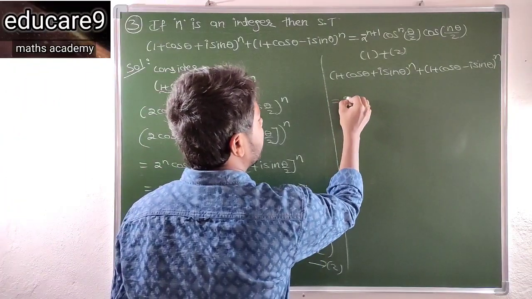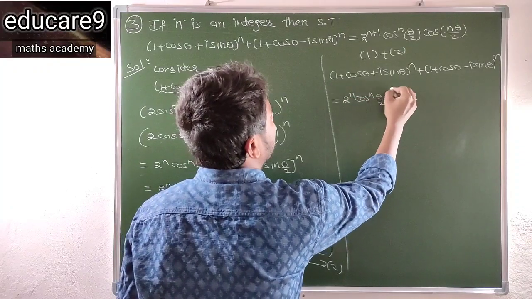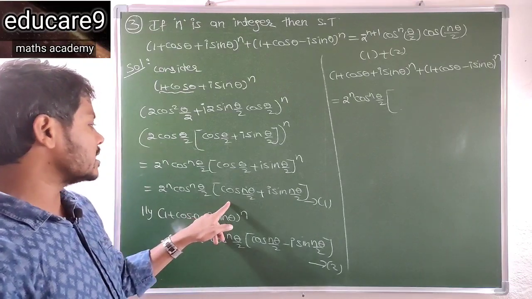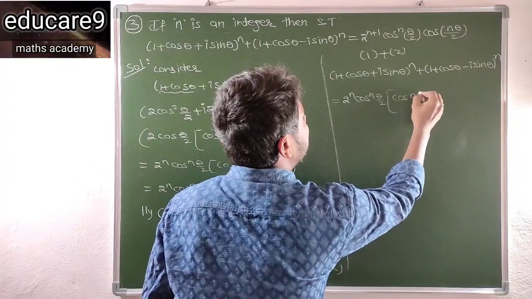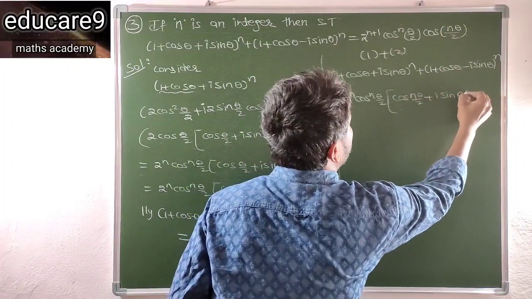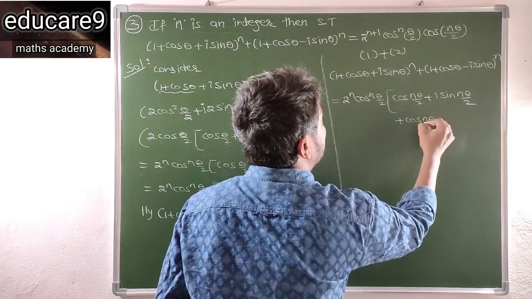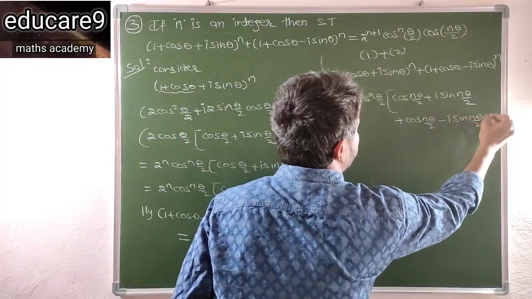So in both terms 2 power n cos power n theta by 2 is common. So what you get? See here, cos n theta by 2 plus i sin n theta by 2 plus cos n theta by 2 minus i sin n theta by 2.